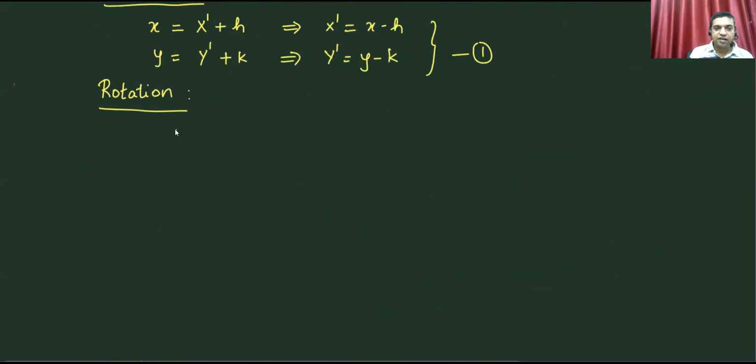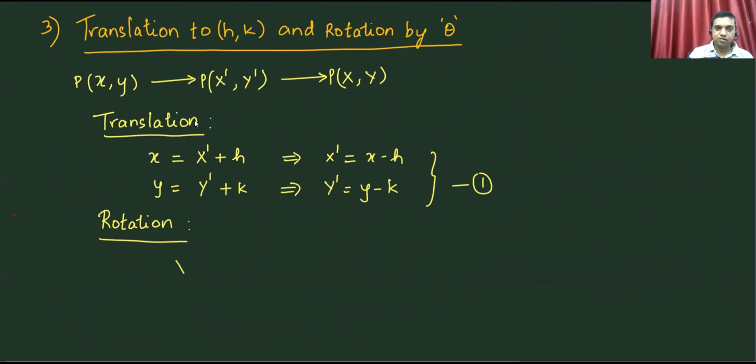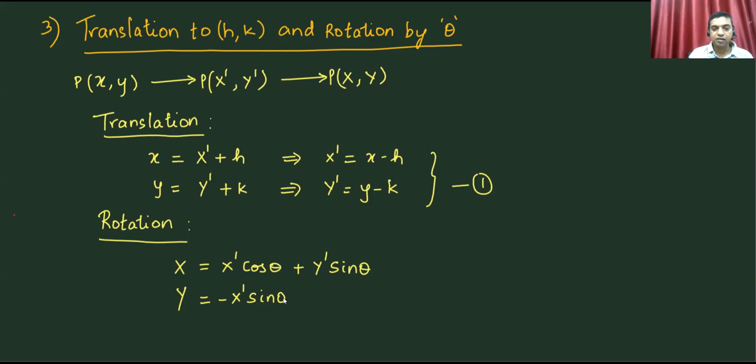So you get capital X, the new one, is x dash cos theta plus y dash sin theta, and capital Y is minus x dash sin theta plus y dash cos theta. So this is 2. This is on rotation.